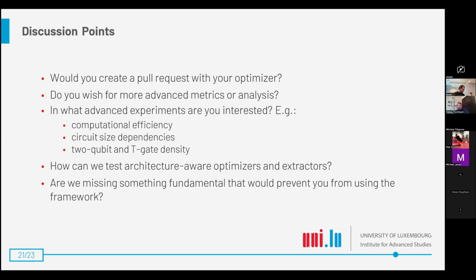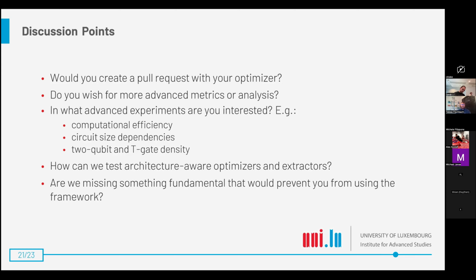Because right now I generated some random circuits. We have the quantum benchmark circuits, but I saw in some preliminary tests that the type of benchmark set or data set that you use heavily impacts the result of your optimizer or of your extraction algorithm.